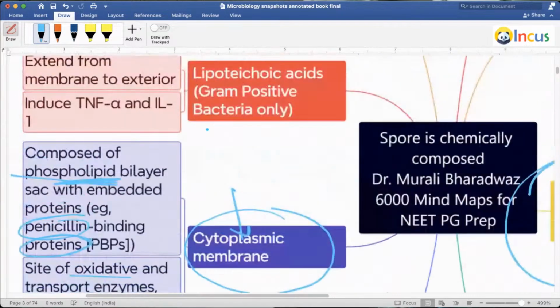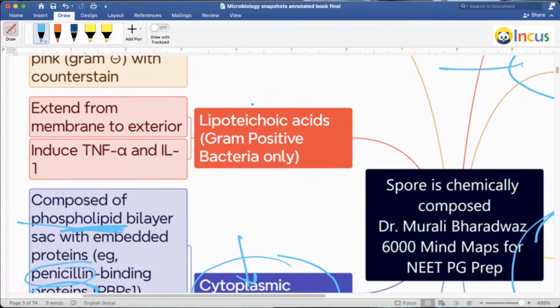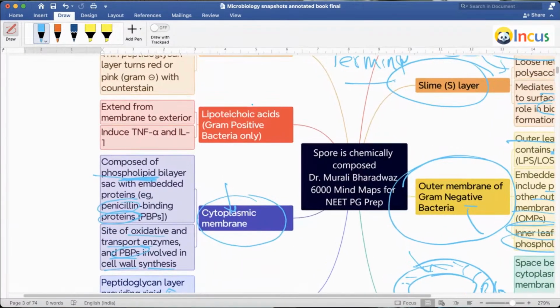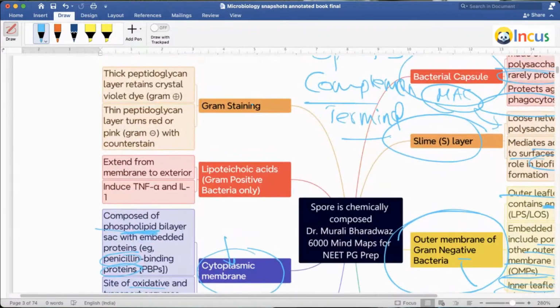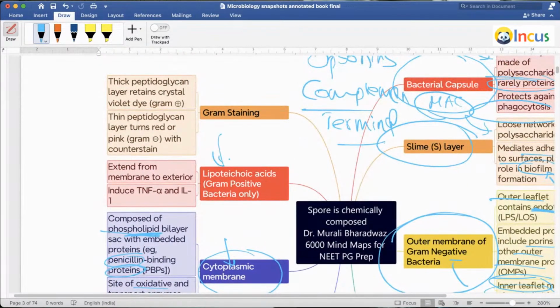Now, where do you have lipoteichoic acid, doctor? Only gram-positive bacteria have it. Lipoteichoic acid is not there in the gram-negative. They extend from the membrane to the exterior, and they are the ones which stimulate TNF-alpha and interleukin-1 during the inflammatory response of the body against gram-positive bacterial infection.